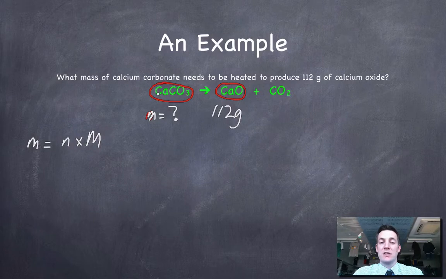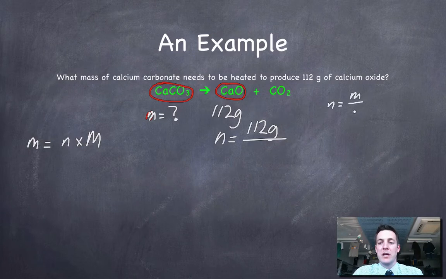I could figure out its molar mass from the periodic table, and what I should also be able to do is relate the number of moles of it to the number of moles of calcium oxide. And I can find the number of moles of calcium oxide by taking its mass and dividing it by its molar mass, because number of moles is little m over big M.